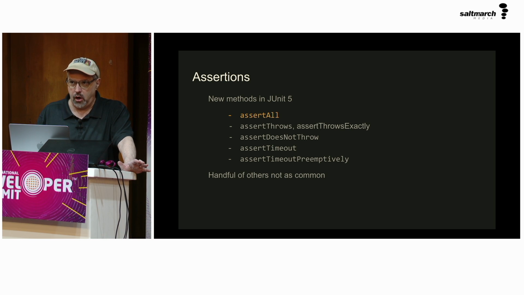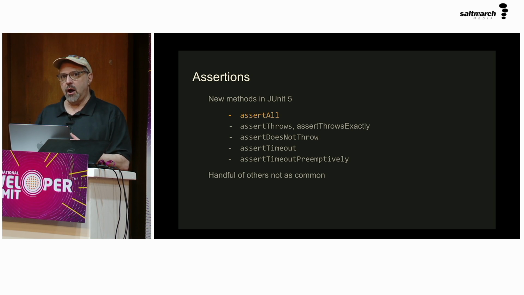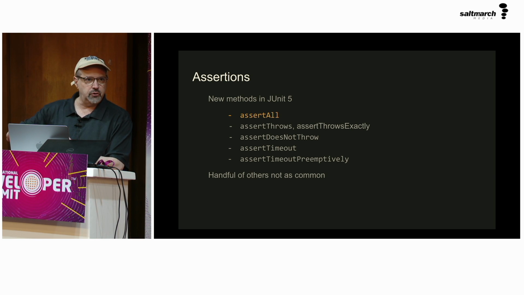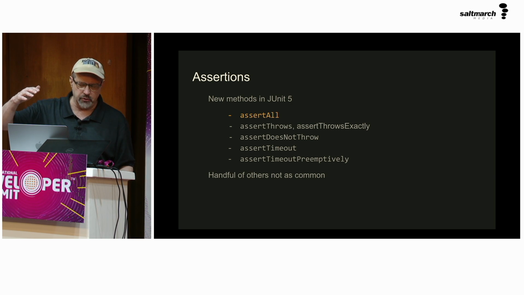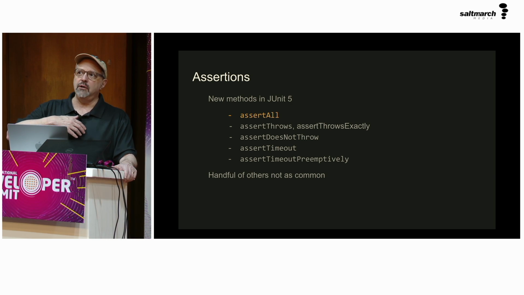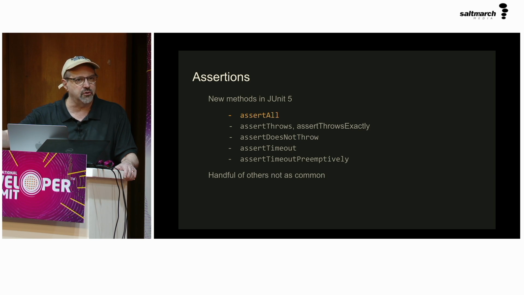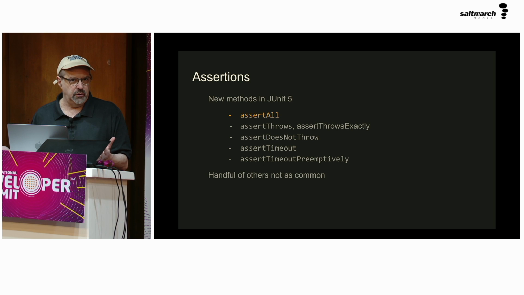The assertAll solves a problem we've always had in JUnit. And that problem is, if you did multiple assertions in one test, the first one that failed aborted the whole test. You don't run the others. And that's why people would say, oh, don't do multiple assertions in a test, split them among multiple tests. But I'm like, if I retrieve an object from a RESTful web service, and it's got 5 properties to it, I don't want to retrieve it 5 times just so I could check one property each time.